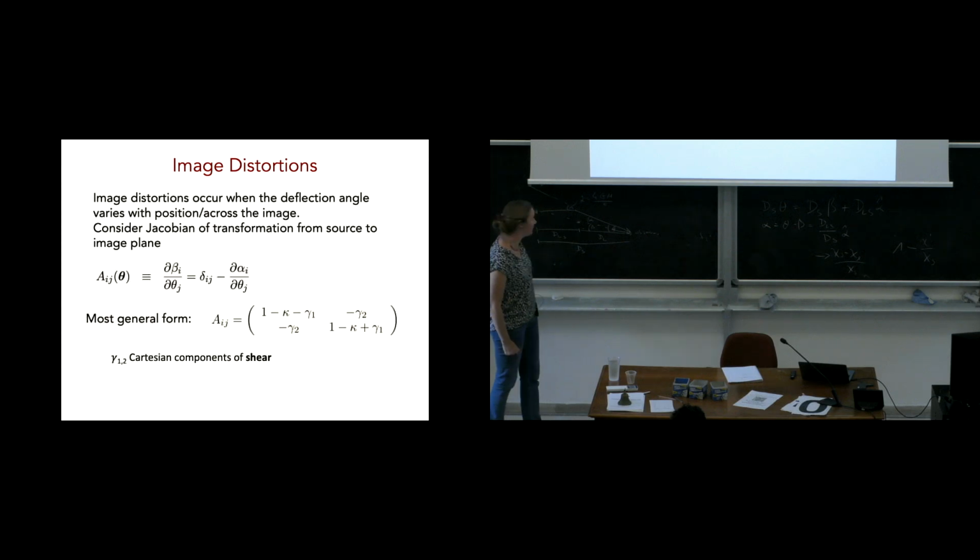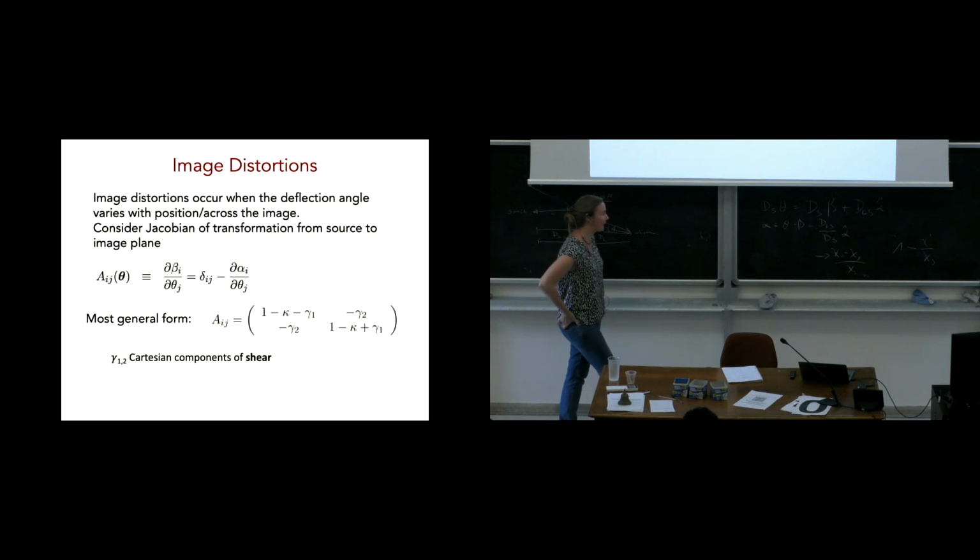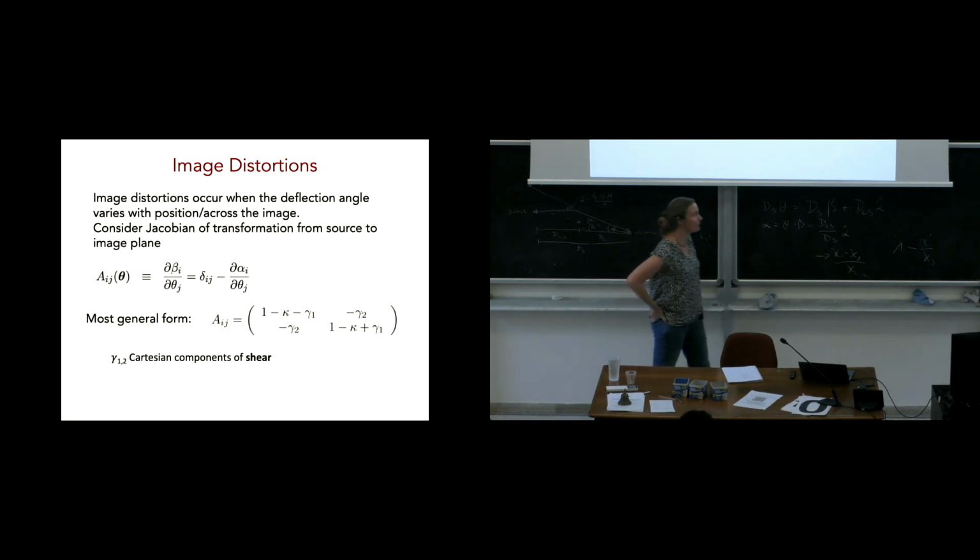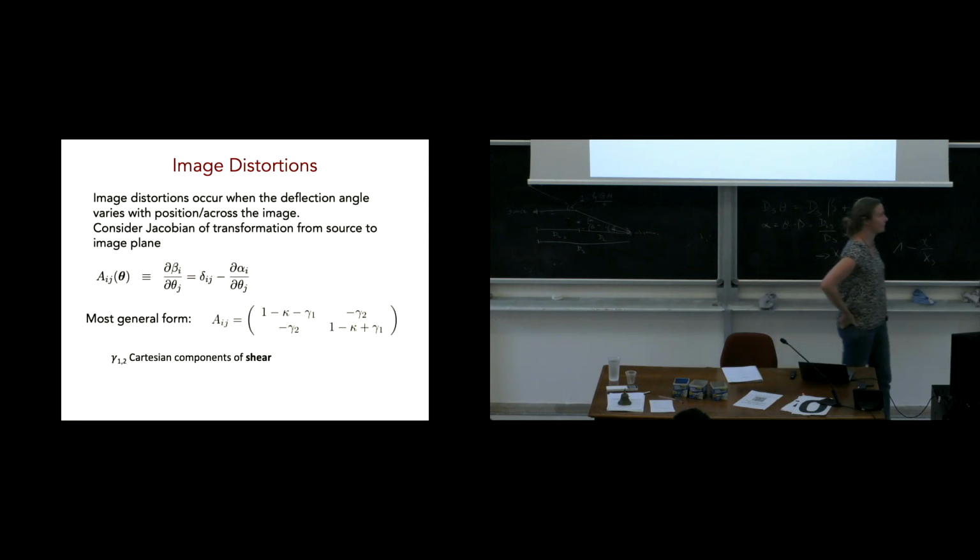So we're looking at how, basically just checking how alpha changes here as we move through the image plane. And after some algebra, we can then write this distortion tensor in terms of basically two quantities, kappa, a scalar, and our gravitational shear, which has two components.